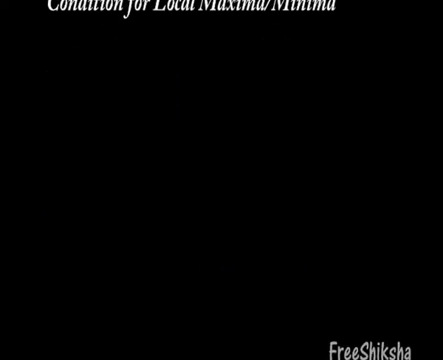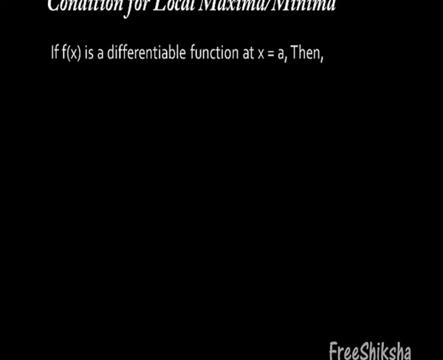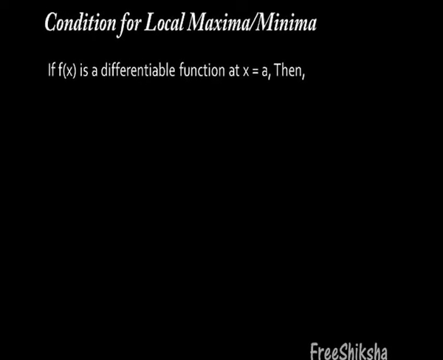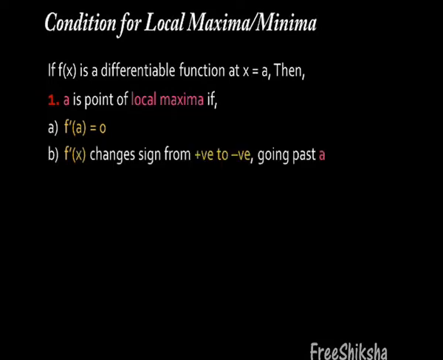Now what is the final condition for local maxima or minima to appear then? If f of x is a differentiable function at x is equal to a, then a is a point of local maxima if f prime a equals 0, that's what I said, and also f prime x changes sign from positive to negative going past a.